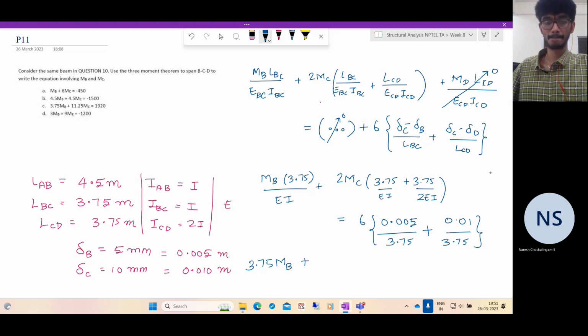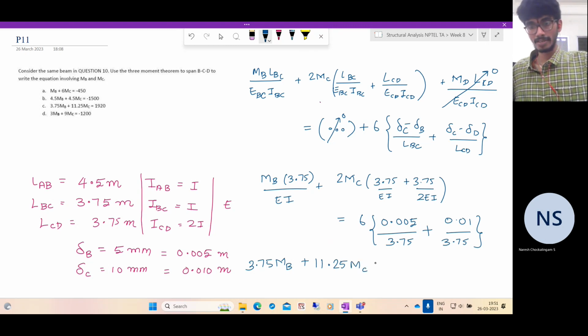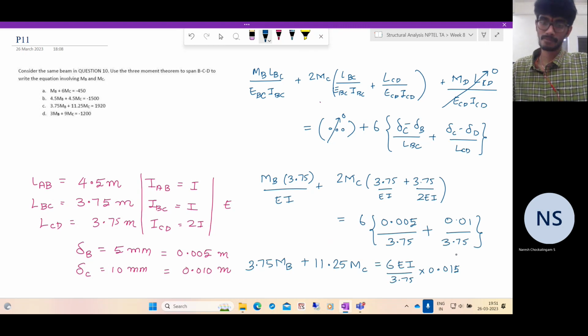We'll get, this will be 11.25 MC is equal to 6 EI by 3.75 to 0.015.